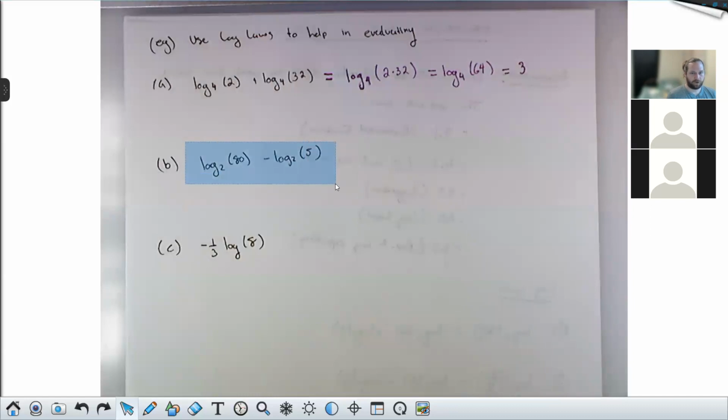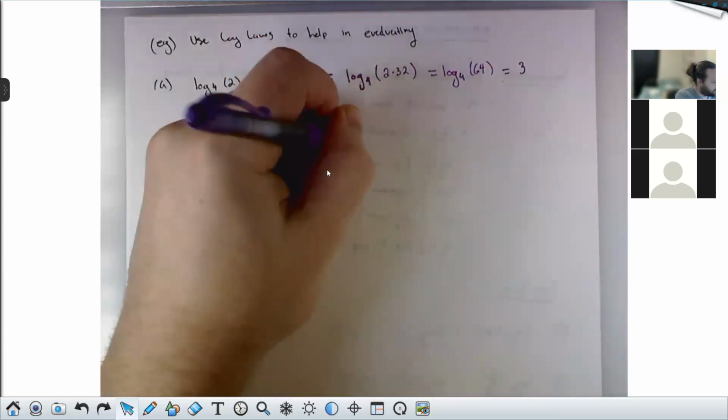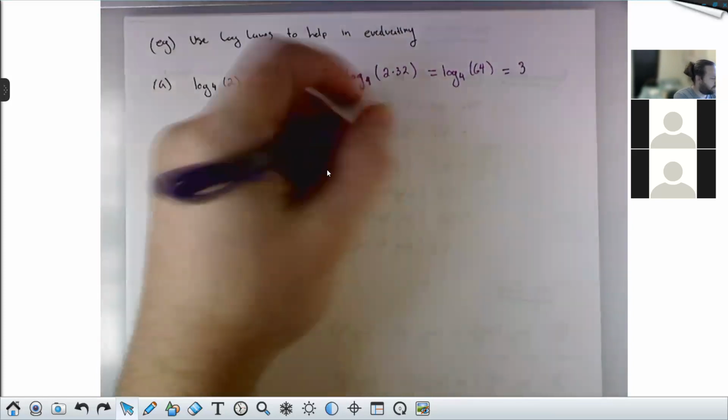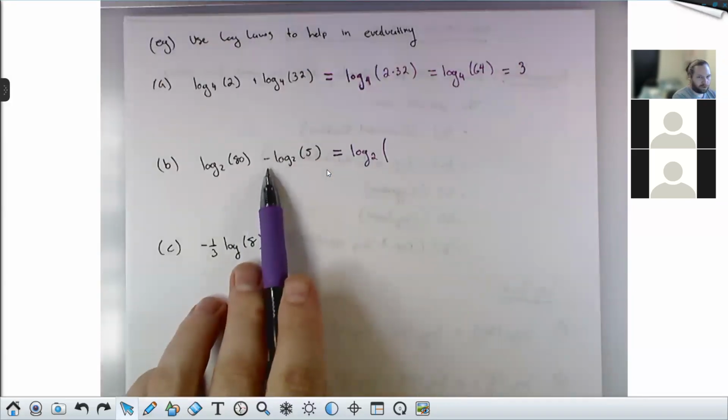This next one's a little gnarlier when we start, because the base 2 log of 80 is not a nice power of 2, not even a rational power of 2. And the same is true of 5, right? 5 is not any rational power of 2. But if I combine these using one of my log laws, I would get the log base 2 of, well, let's see, I'm doing subtraction outside.